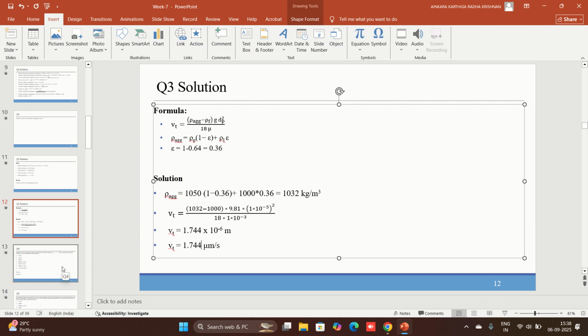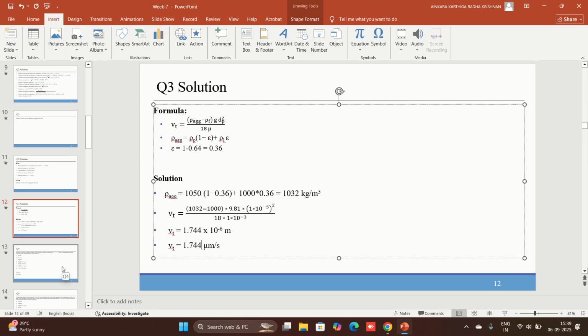Again, we are calculating the settling velocity of the aggregate. Apart from the normal calculation, what differs is that we have to calculate the density of the aggregate. In the settling velocity formula we use rho p minus rho f into g into dp square by 18 mu. Instead of rho p, we use rho aggregate, and we calculate rho aggregate using the density of the particle and the density of the liquid, by means of the packing fraction formula. After calculating rho aggregate, we substitute it back into the terminal settling formula and we get the solution.